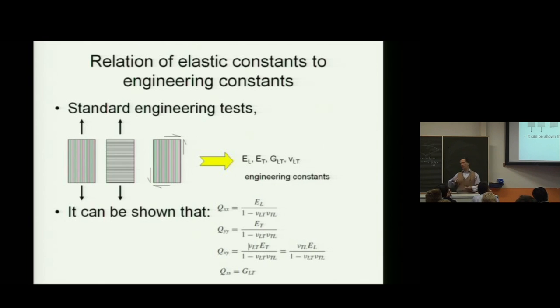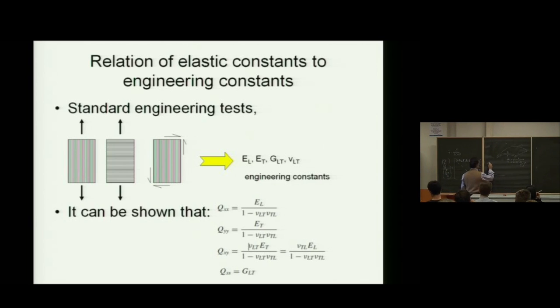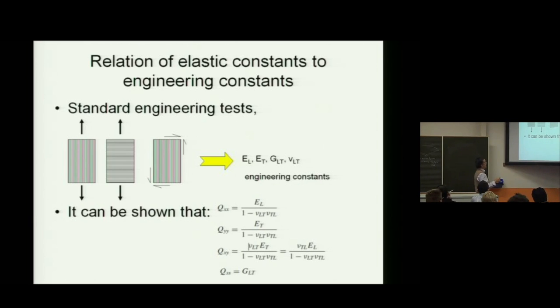Basically, this plot of stress versus strain, let's call it sigma x and epsilon x, will give me a straight line until it stops being a straight line, but for composites it's almost always a straight line for a single ply. And the slope is the Young's modulus E. So I can measure experimentally the Young's modulus parallel to the fibers from this specimen at the left.